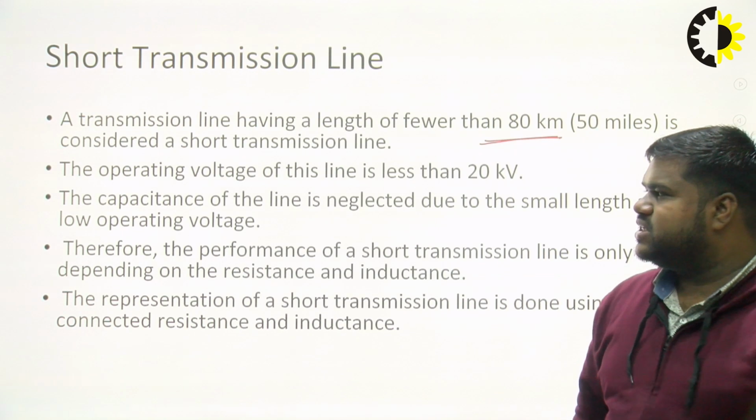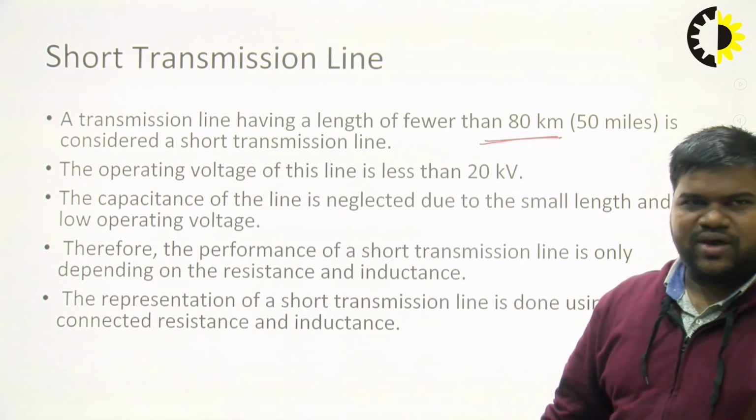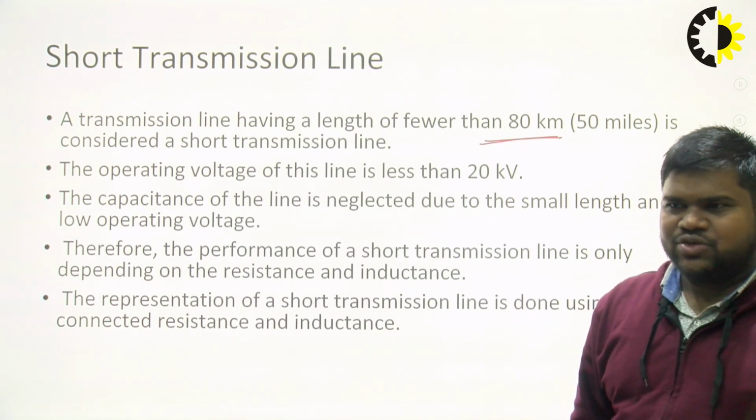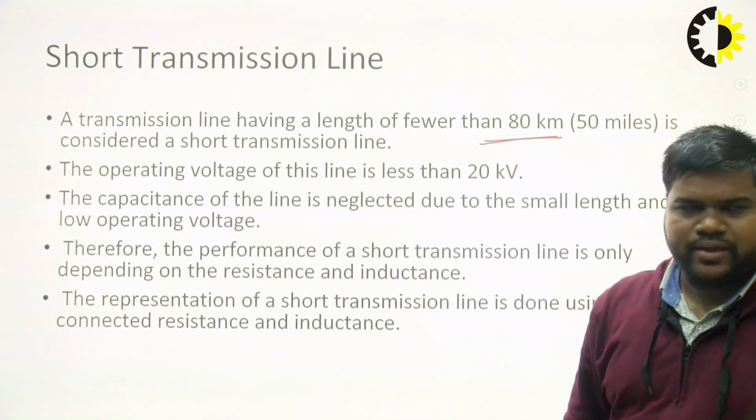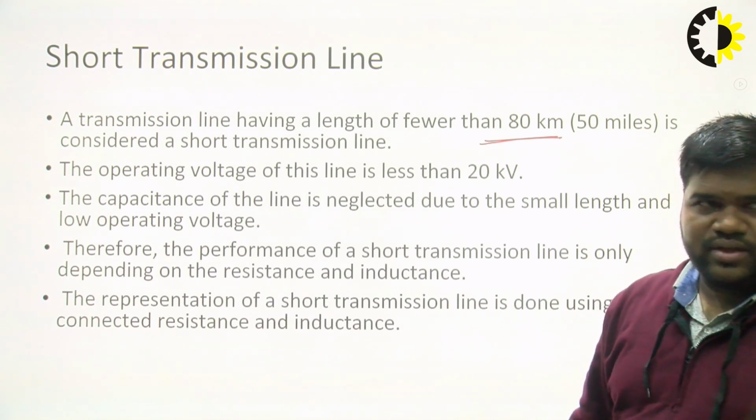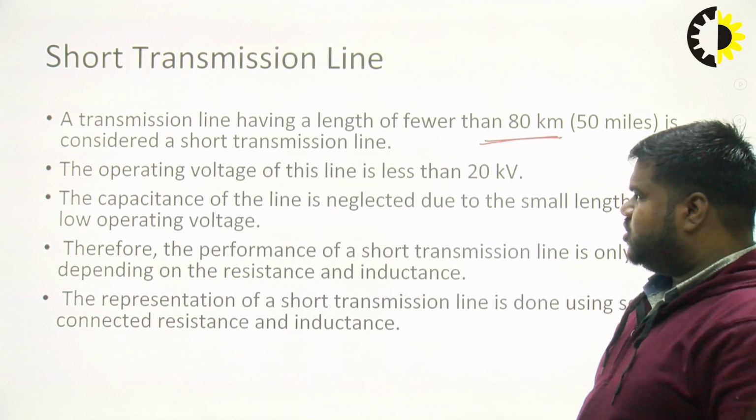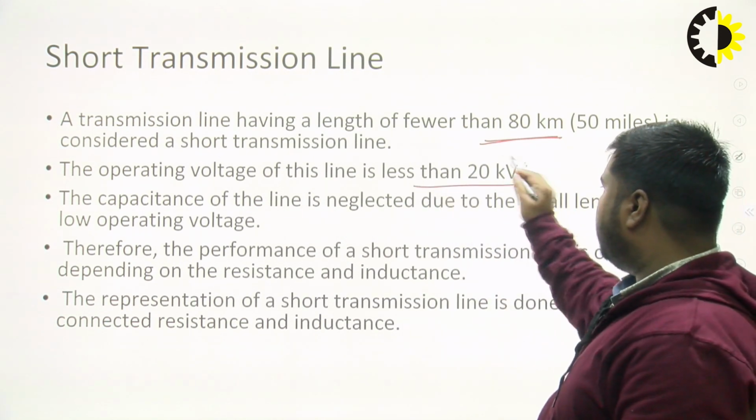This is considered a short transmission line when the length is less than or equal to 80 kilometers or 50 miles. The operating voltage of the line is less than 20 kilovolt.